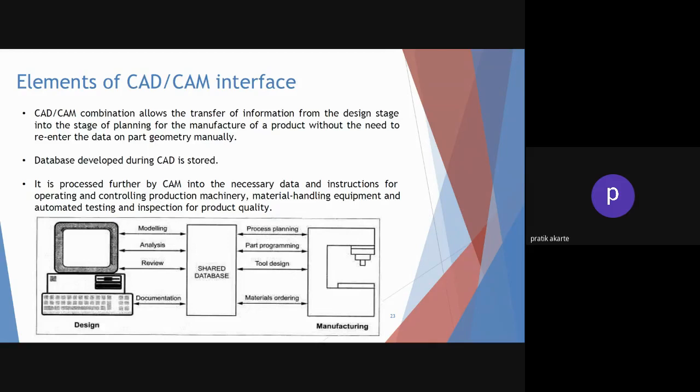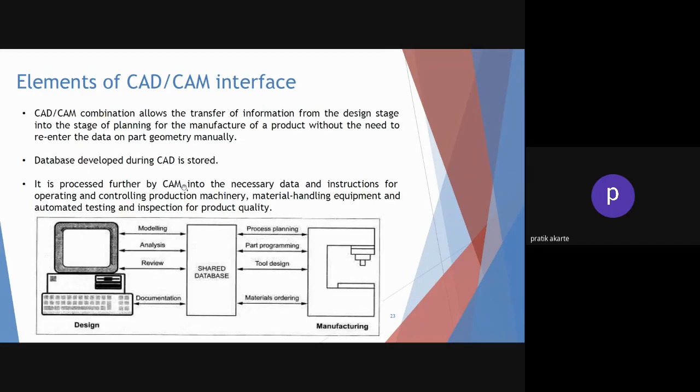So the database which is generated or developed during the CAD process is stored, and then it is processed further by the CAM into the necessary data and instructions for operating and controlling the production machinery, material handling equipment, and automated testing and inspection for the product quality.